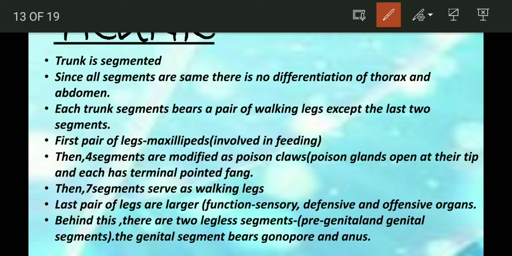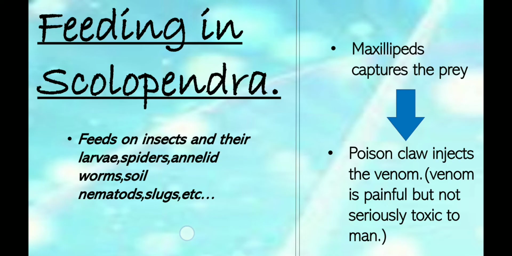Then the four segments from which the legs arise are modified as poison claws for their protection against enemies. Then again the seven segments serve as walking legs. Then the last pair of legs are larger. Then again the last two legless segments are present, which are basically involved in reproduction.